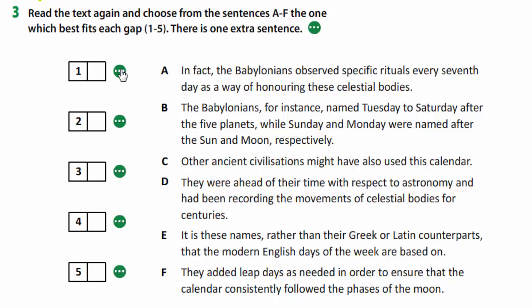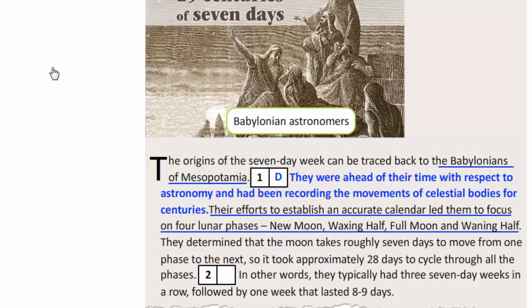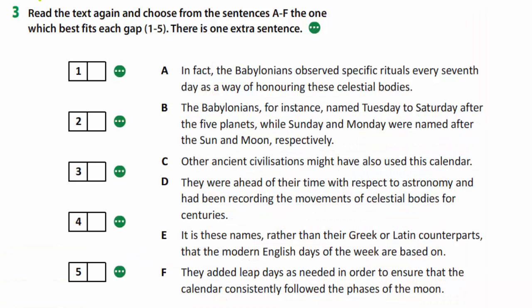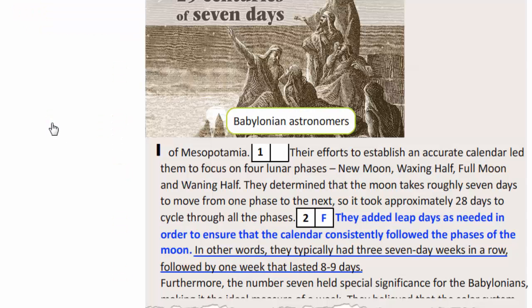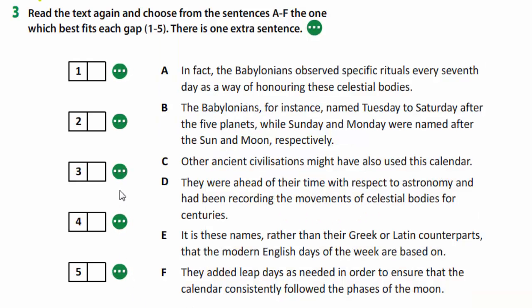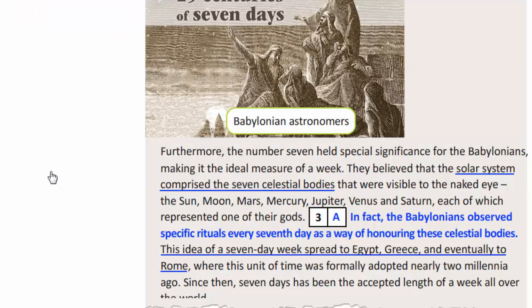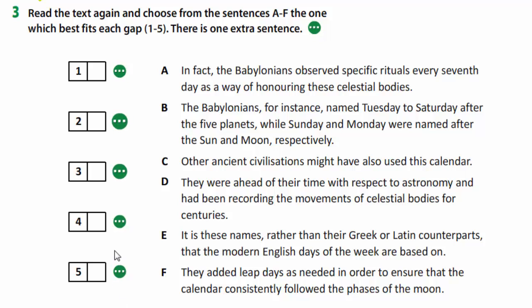Gap 1 is D. They were ahead of their time with respect to astronomy and had been recording the movements of celestial bodies for centuries. The second is F. They added leap days as needed in order to ensure that the calendar consistently followed the phases of the moon. The third is A. In fact, the Babylonians observed a specific ritual every 7th day as a way of honoring these celestial bodies.